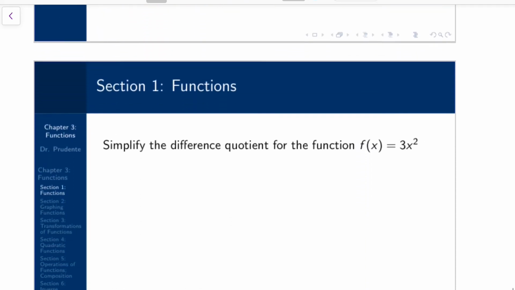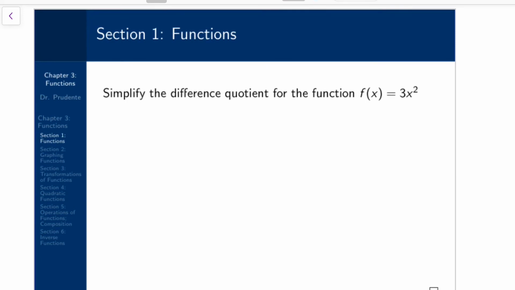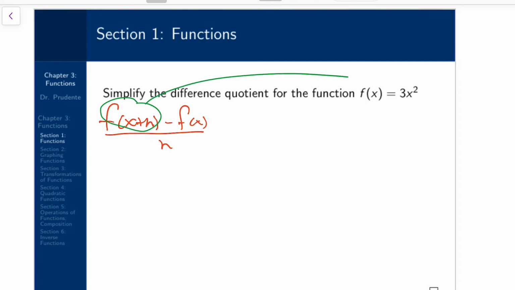And so questions we might want to solve for this are like the following. Just simplify the difference quotient for a function f of x is equal to 3x squared. So the difference quotient is f of x plus h minus f of x divided by h. And so what we're going to do is replace f of x plus h with its appropriate f of x value.